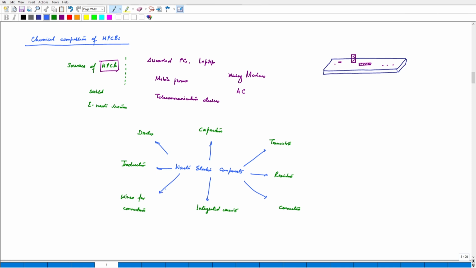Now the question comes, can we really directly reuse these components if we are able to successfully dismantle? When we think of direct reuse of these electronic components, one has to think whether they are functional or not.